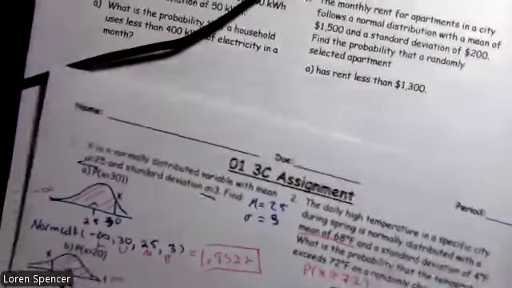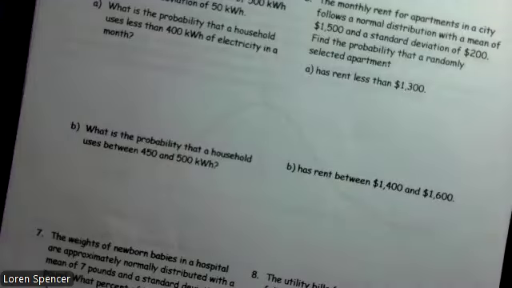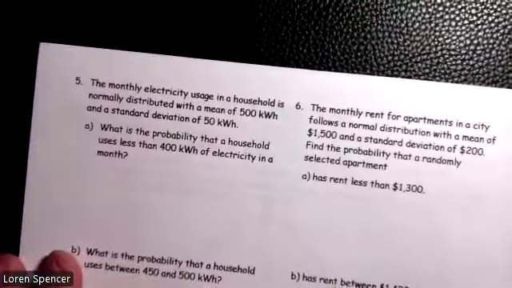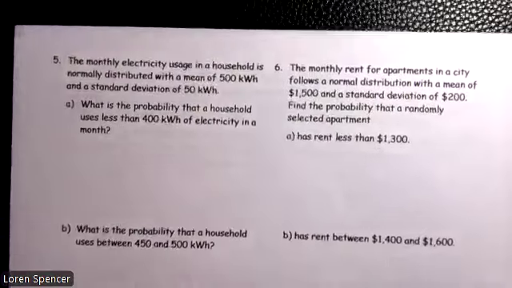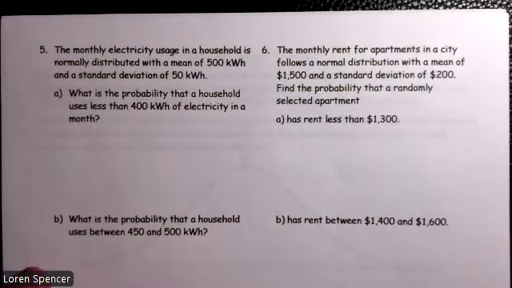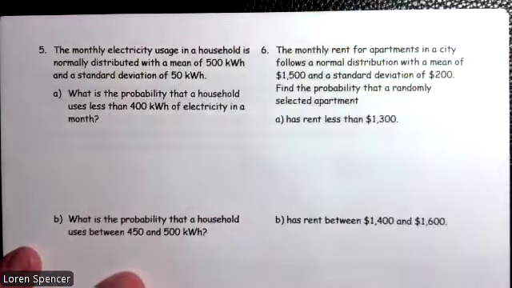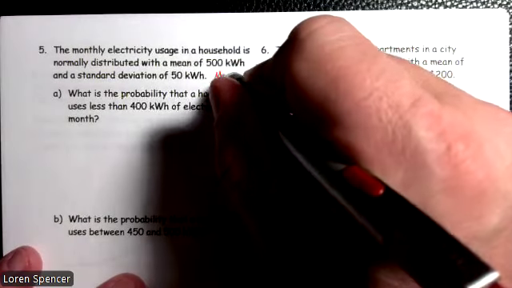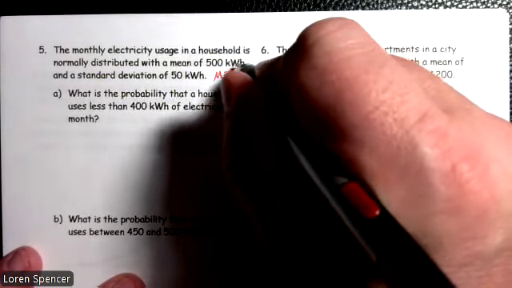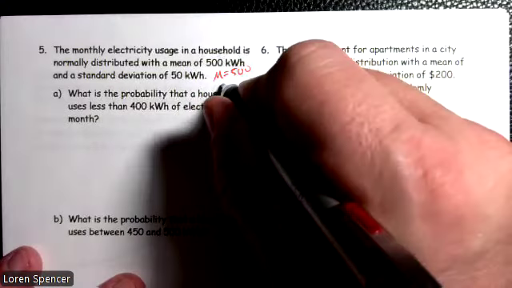All right, moving on. The monthly electricity usage in a household is normally distributed with a mean of 500. So they're telling us the mean is 500 and a standard deviation of 50.